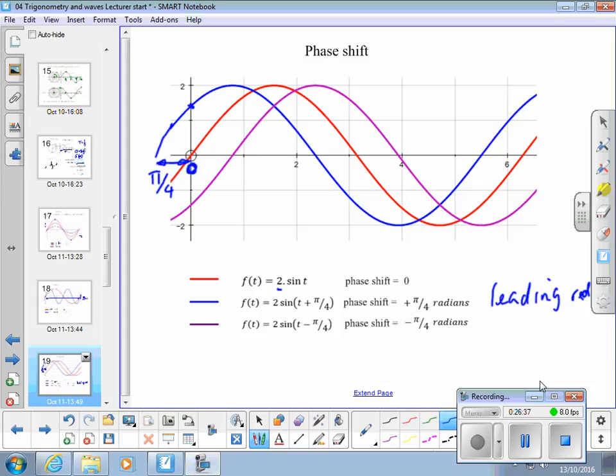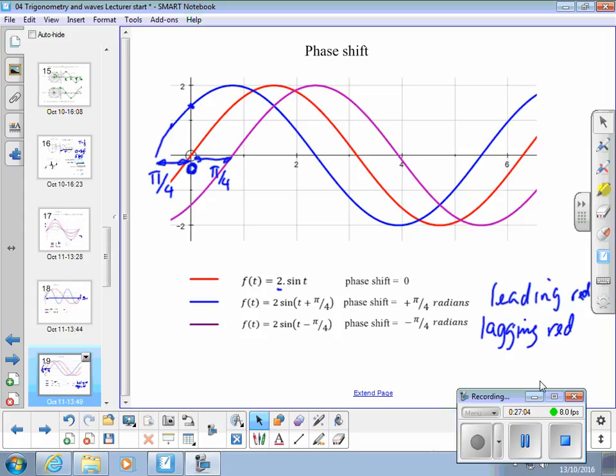The purple or pinky colour one has got minus pi over 4 radians. So it's peaking, or it crosses 0, pi over 4 radians after the red one. It is lagging the red waveform.